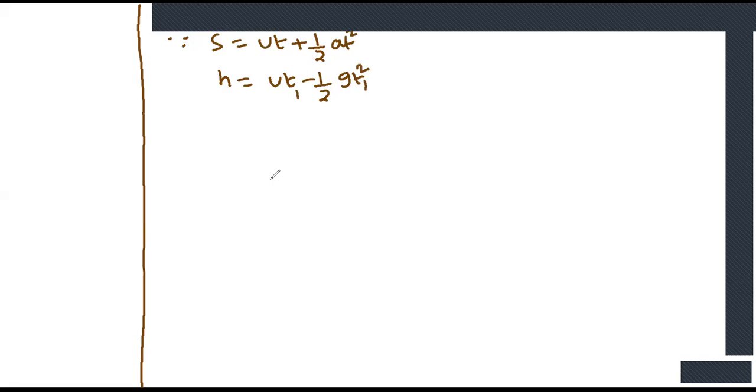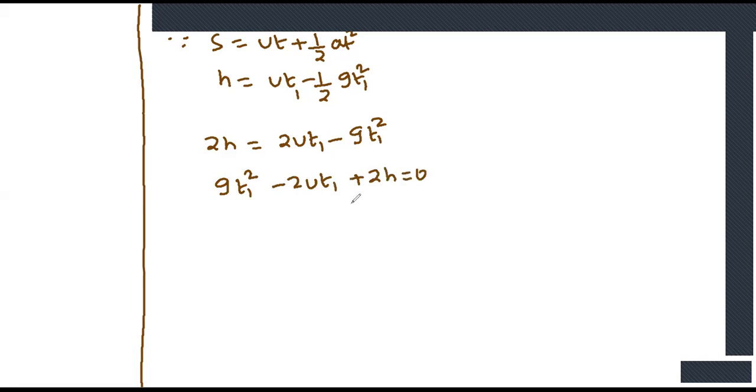Multiply by 2 on both sides: g t1 square minus 2ut1 plus 2h equals 0.